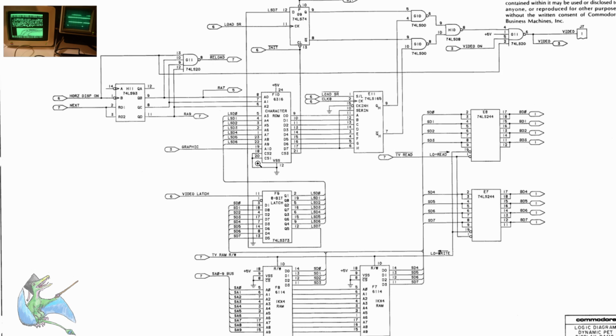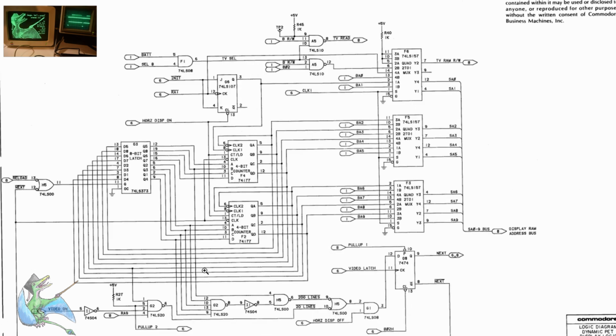And the special sauce is basically the timing and the address generator. So on a real machine, you can see it's a few counters. This latch is used because it has to count from 0 to 39, or 1 through 40, 8 times over and over again.